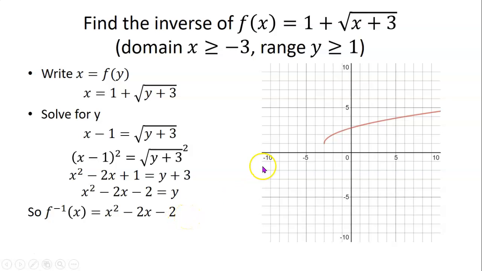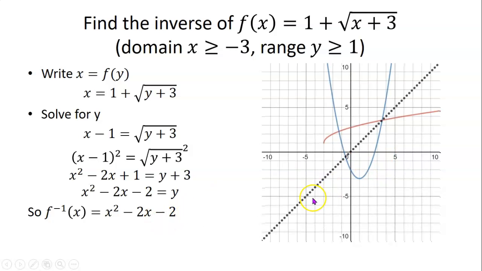It works. How about the graph? If we compare the graph of f with the graph of f inverse here, wait a minute. It's not just reflected across that diagonal line. Instead, we get this whole parabola here. What's going on here?